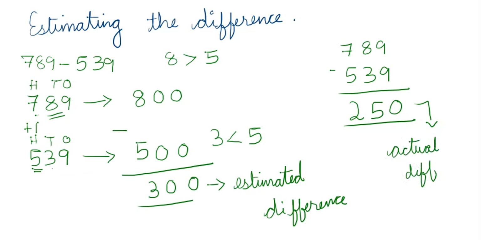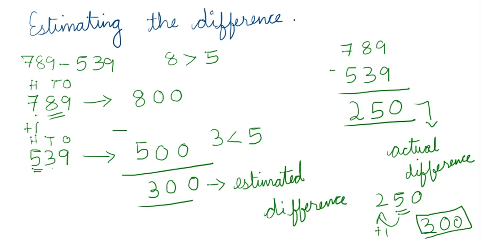So to check your answer, you will have to round off 250 to the nearest 100. So since you have got 5 in the tens place, you will have to add 1 to the hundreds place. So that becomes 3, and replace your ones and tens place by 0, and you get 300, which is the same as your estimated difference.